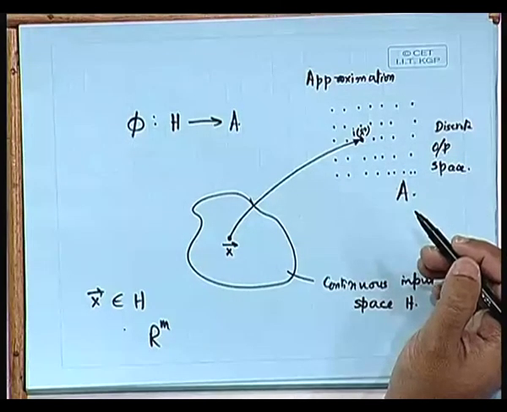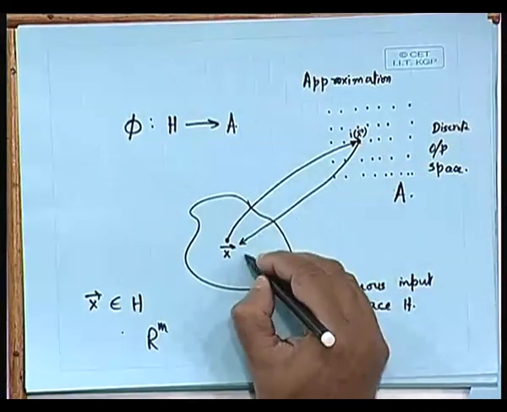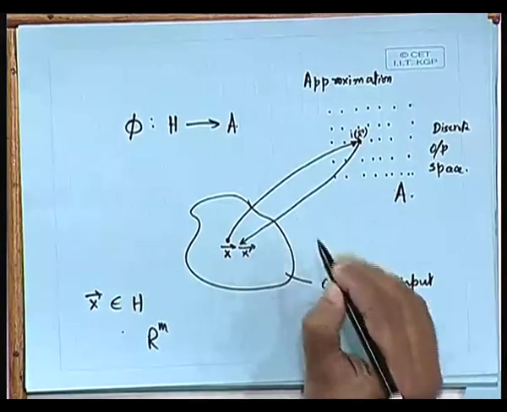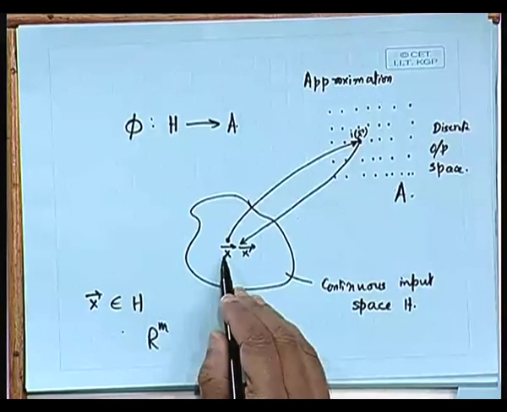No. I will be coming to some other point, let us say the x prime vector, which will be different from the x vector. The distance between the x vector and the x prime vector will be the error incorporated in the process of mapping it into the discrete space.